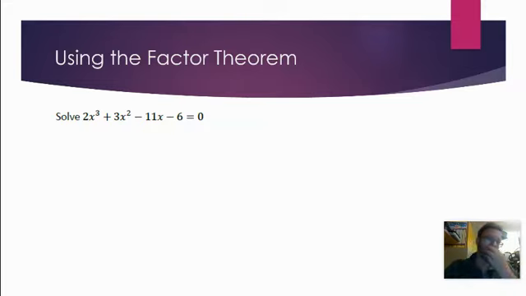So let's get going. Now, if you'd like to pause the video and give this a go on your own and just check afterwards, that'd be great. But if you want to follow along, let's do it. So applying the factor theorem, if we think of the possible factors, our value for that final coefficient is -6.